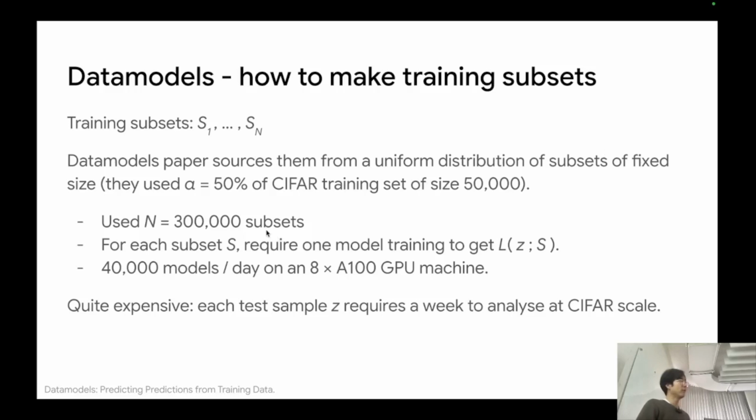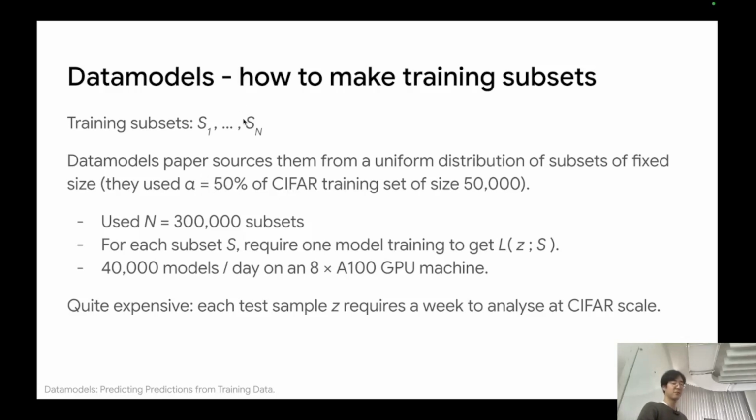So let's do a bit of numbers to see how computationally heavy this is. You have training subsets S1 up to Sn. In the experiment they did in this paper, "Datamodels: Predicting Predictions from Training Data," they used the CIFAR training set, which has 50,000 samples.